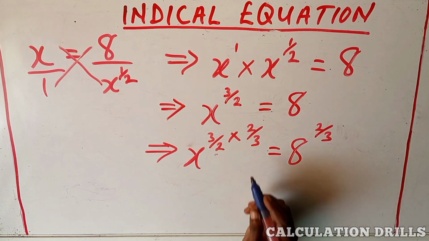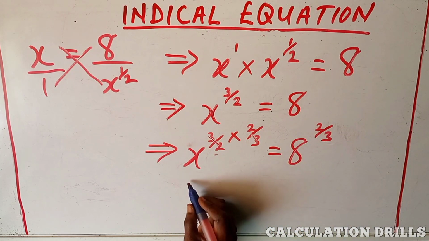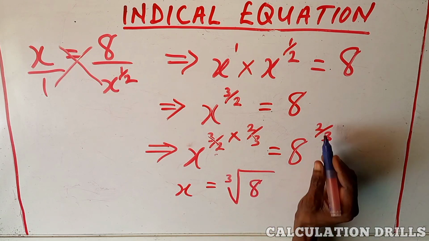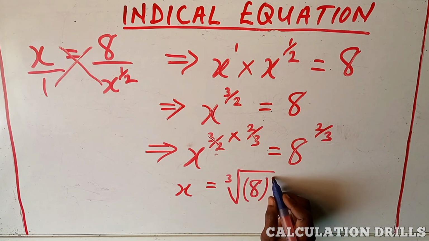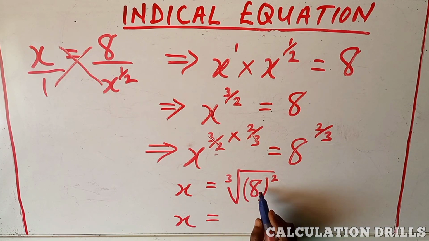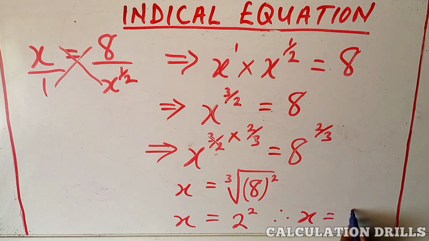After cancellation, x equals cube root of 8. Don't forget your raised to power 2. Then x is equal to 2 raised to power 2, because cube root of 8 is equal to 2, and 2 raised to power 2 is equal to 4.